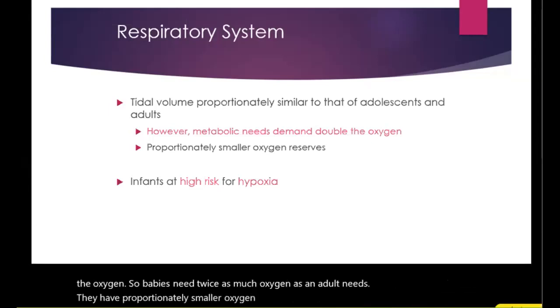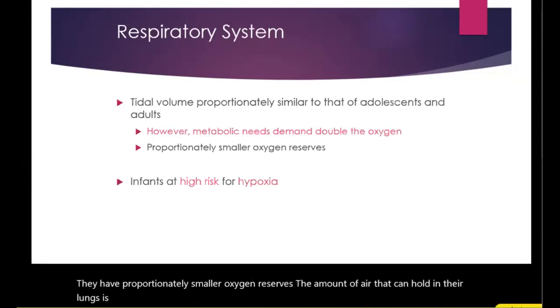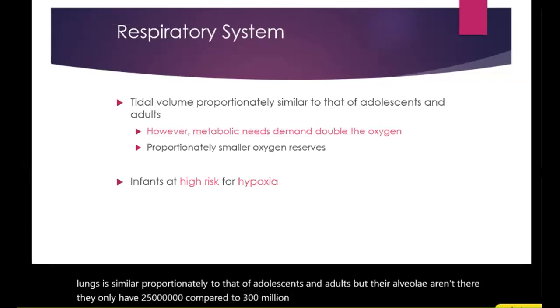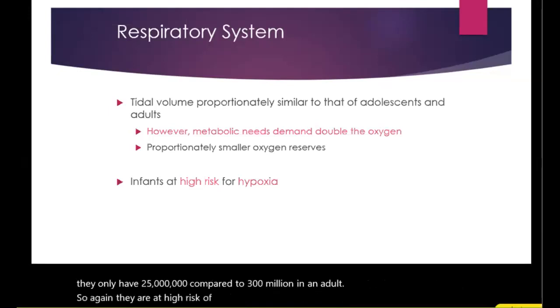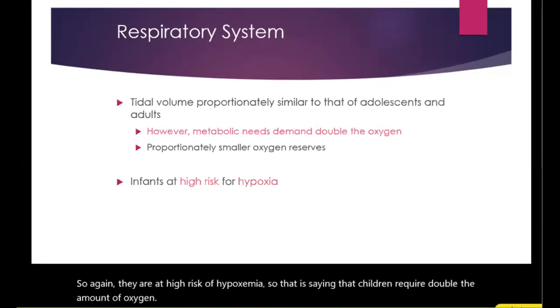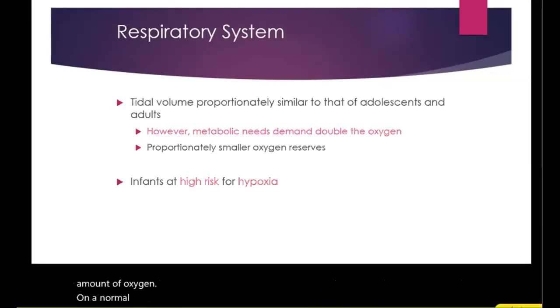The amount of air they can hold in their lungs is similar proportionately to that of adolescents and adults, but their alveoli aren't there. They only have 25 million compared to 300 million in an adult. So again, they are at high risk of hypoxia. So that is saying that children require double the amount of oxygen on a normal day just to meet the demands of their growing bodies, their metabolic needs.